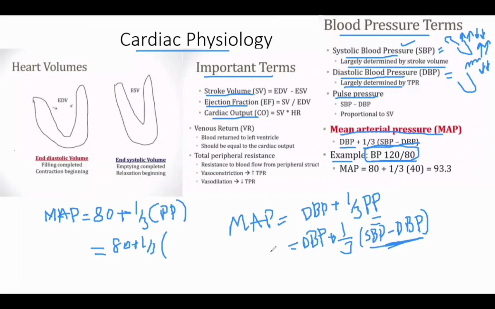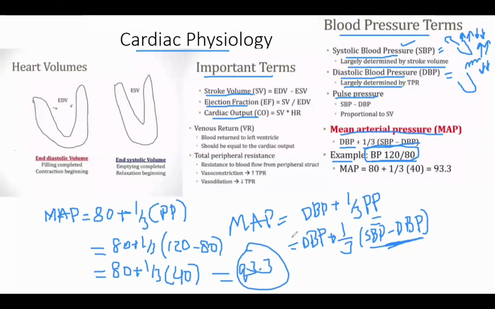The systolic blood pressure is 120, and the diastolic blood pressure is 80. So here it is 80 plus 1/3 of 40, and that comes to 93.3. So this is the mean arterial pressure, and that's how we calculate it.